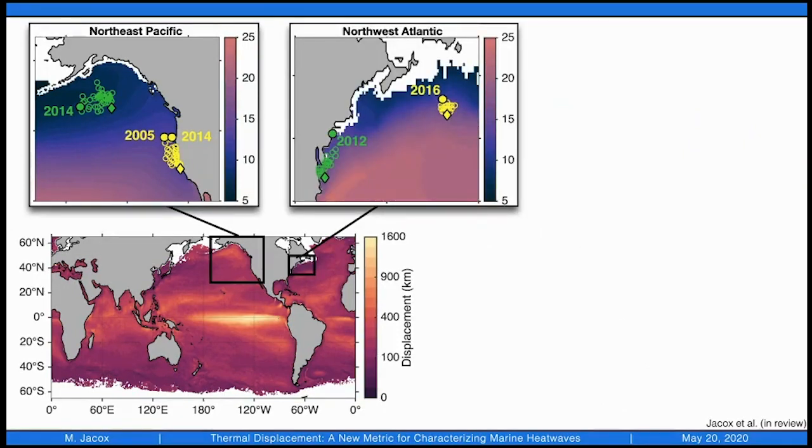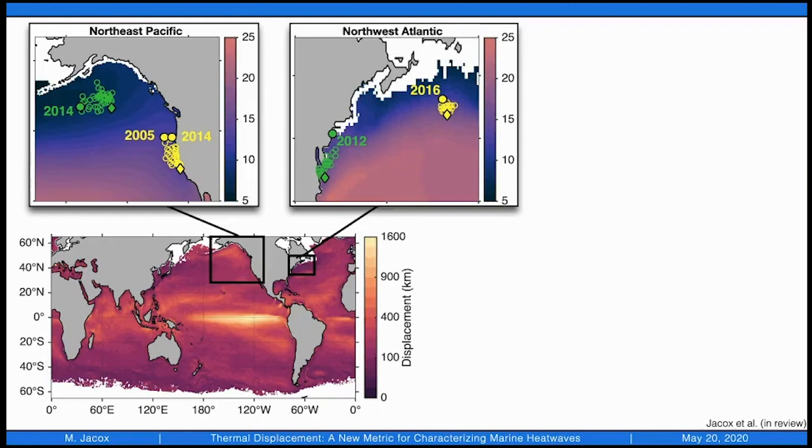So this is now looking at the Northwest Atlantic off the east coast of the United States. And I'll first just note that the box here is a lot smaller. So when you compare this to the Northeast Pacific, the distances are actually much smaller. So that 2012 event, there was a paper by Kathy Mills that I think was one of the ones that really kicked off this recent wave of interest in marine heat waves.